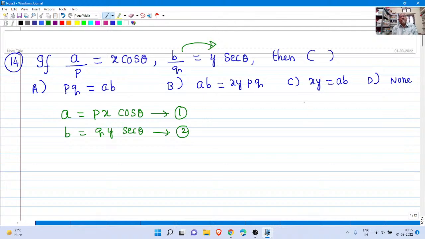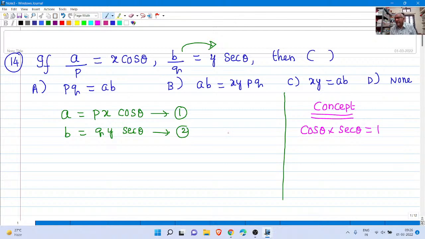So my dear students, here you remember one beautiful concept. What is the concept we need to remember? We have one important formula. Cos theta multiplied with sec theta is equal to 1. So that means cos theta is the multiplicative inverse of sec theta, and sec theta is the multiplicative inverse of cos theta. Or we can say sec theta is equal to 1 upon cos theta, you can remember.